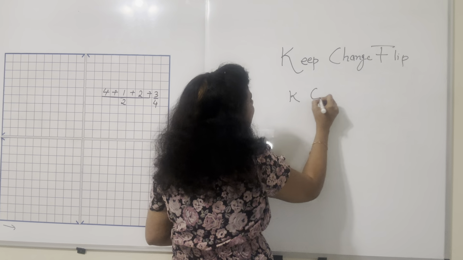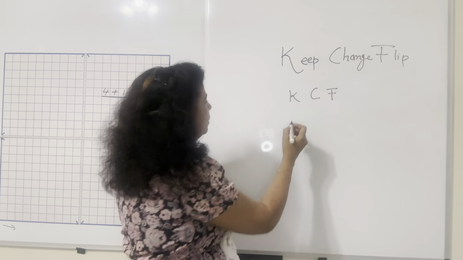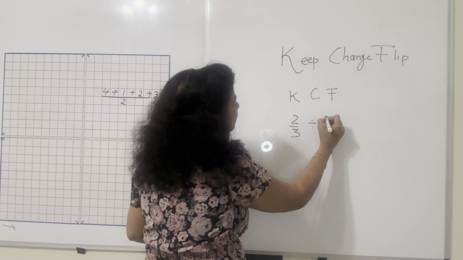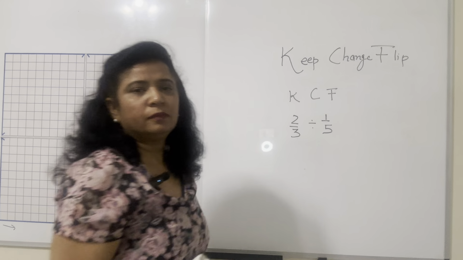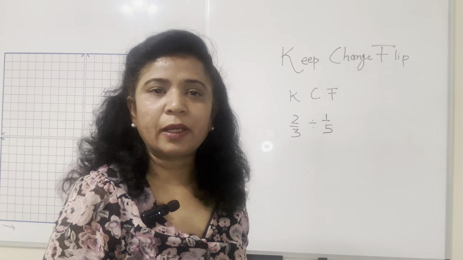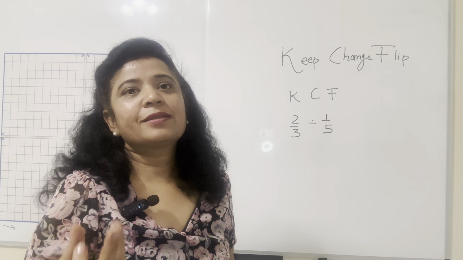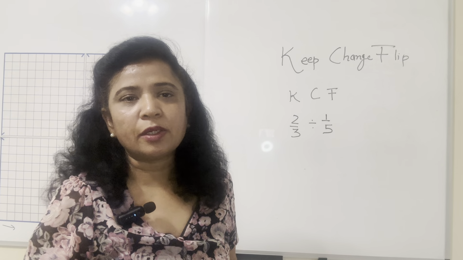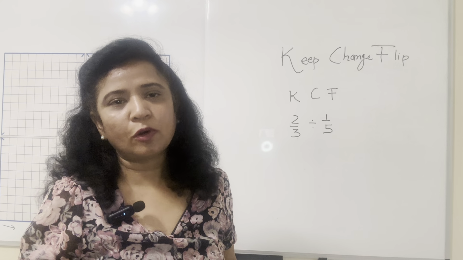K, C, F. If you have two numbers, for example 2 over 3 divided by 1 over 5. Just simple, okay? It's easier to multiply than to divide. I have seen kids getting scared of division of fractions. So convert that into multiplication all the time. It will be easier for you to work with those operations.